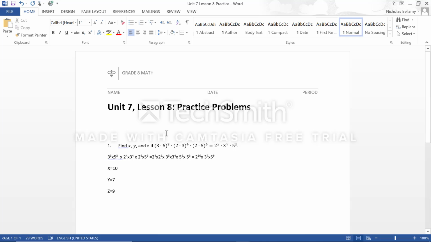This is pretty much all you're doing. So 3 to the third power, 5 to the third power, boom. 2 to the fourth power, 3 to the fourth power, boom. 2 to the sixth power, 5 to the sixth power, boom. Alright?